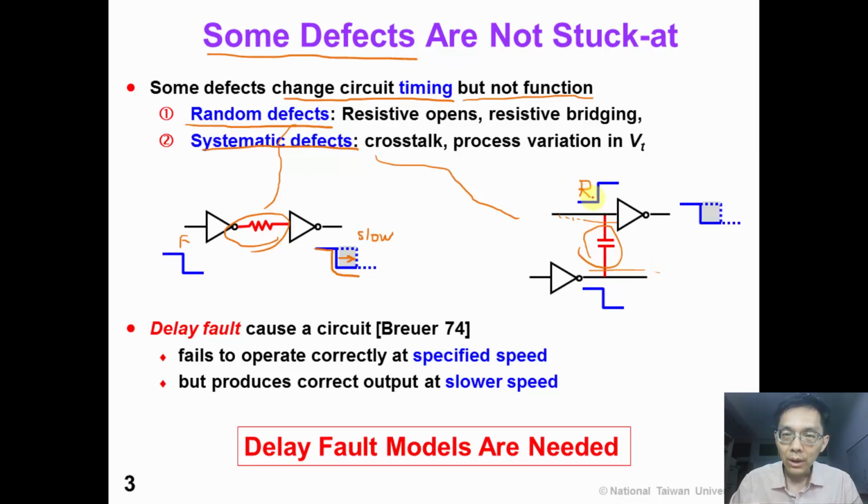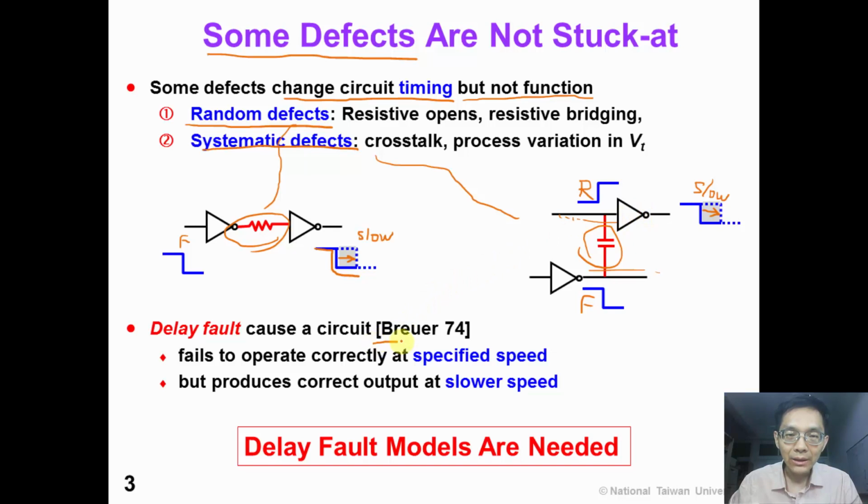Suppose we have a rising transition and a falling transition in the opposite direction. The output can be slower than expected. These two examples show that some defects cannot be modeled by stuck-at faults.